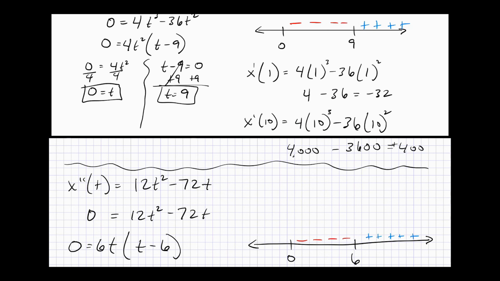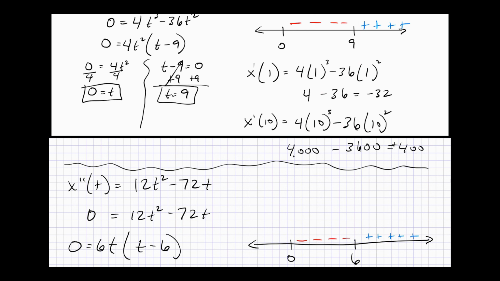Okay. So from 0 to 6 it's negative, from 0 to 9 it's negative. So where are they both negative? 0 to 6. So 0 to 6, speeding up. 6 to infinity, positive. 9 to infinity, positive.